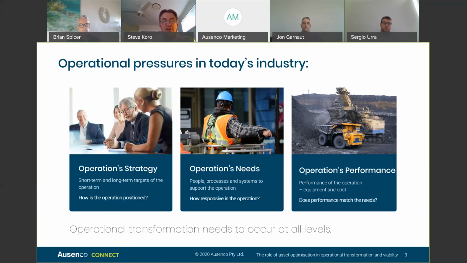So if deficiencies exist in your business regarding these topics, transformation needs to occur for the business to survive both the short and long terms. The transformation needs to occur at all levels, and the sell of transformation is dependent on the target audience.